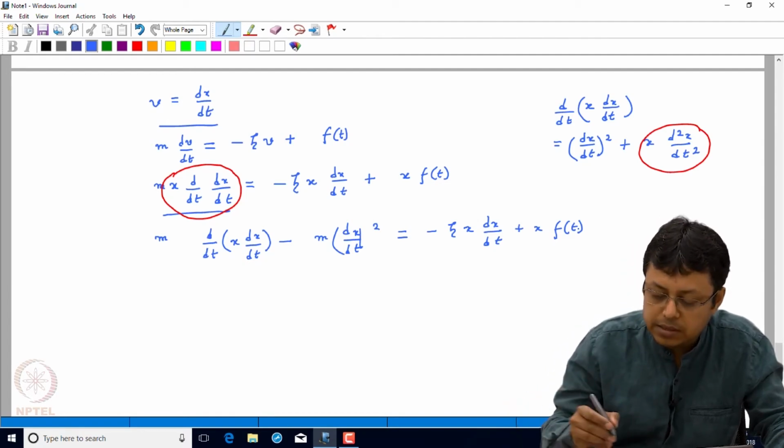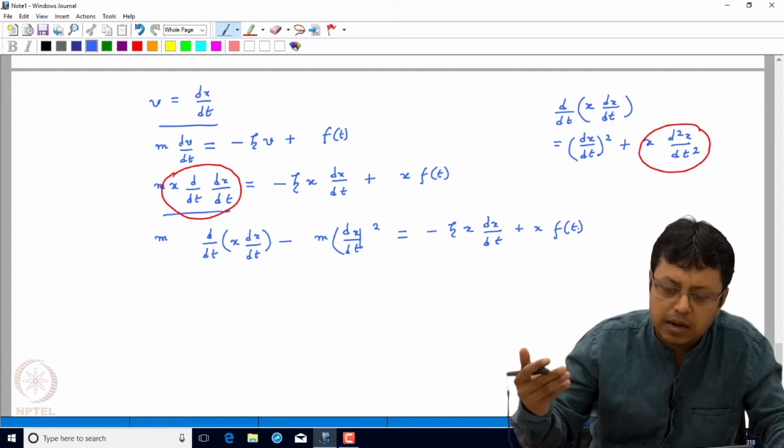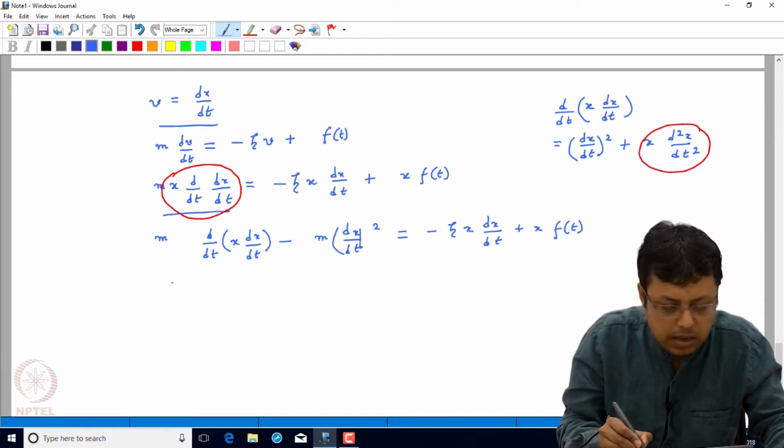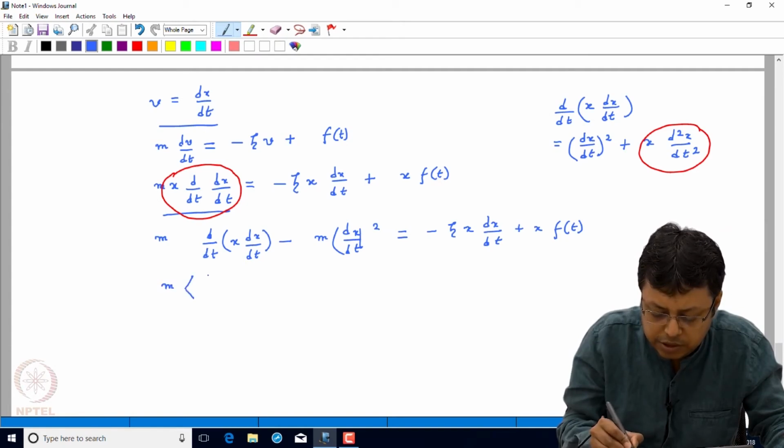Now if you do the averaging, which you could do earlier, but I am doing it right now, what we get is basically m and then the average of this quantity, which is d/dt of x into dx/dt.